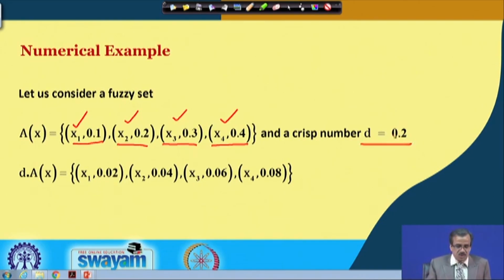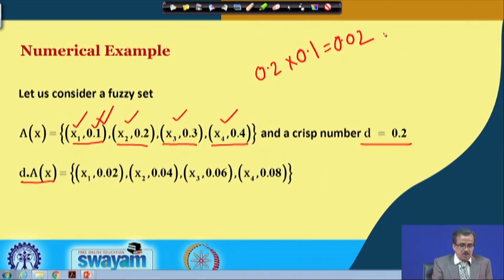Now, if d is equal to 0.2, d multiplied by A(x) will become equal to (x1, d multiplied by mu), so 0.2 multiplied by 0.1, and this is nothing but 0.02. So, corresponding to x1 this will be 0.02.